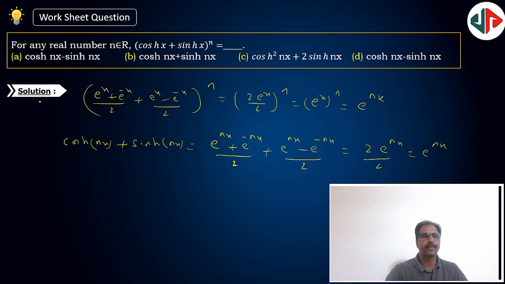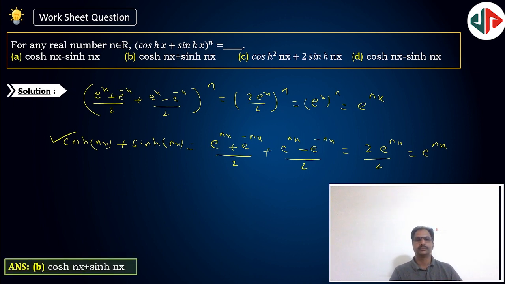Therefore, cos hx plus sin hx whole power n is equal to cos h of nx plus sin h of nx. Option B is the correct option.